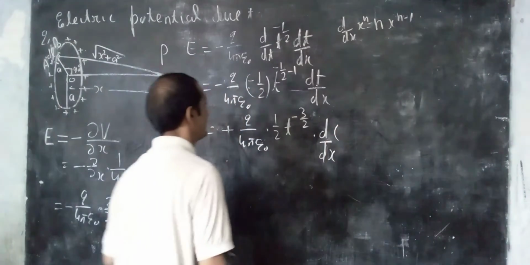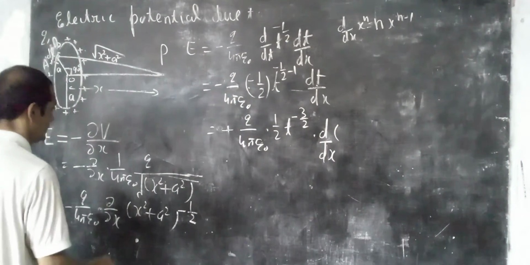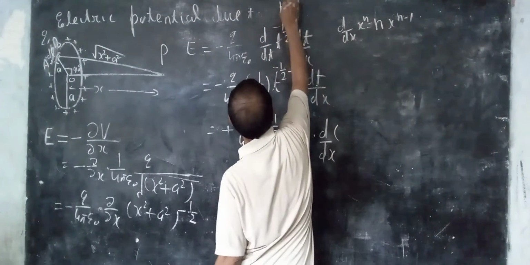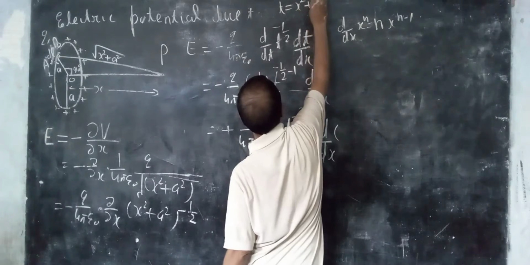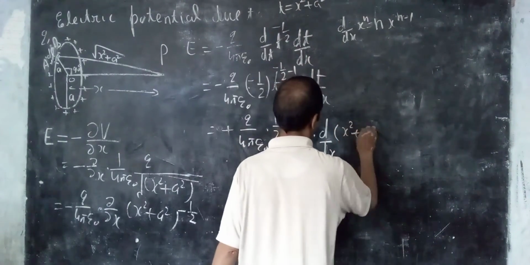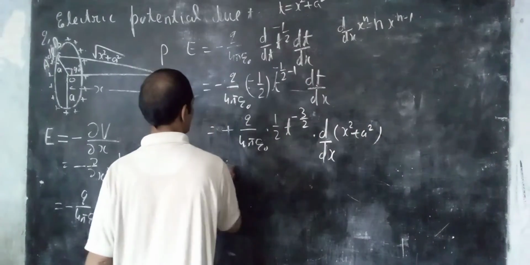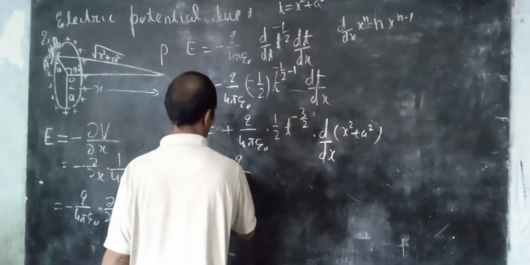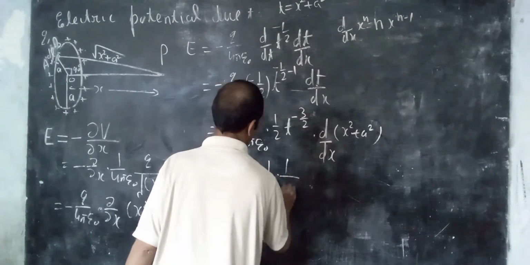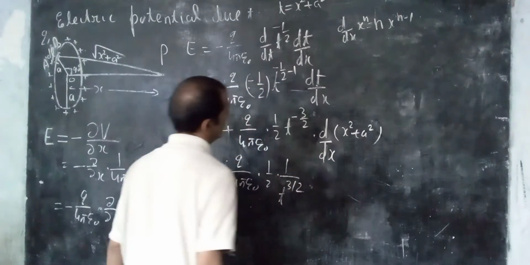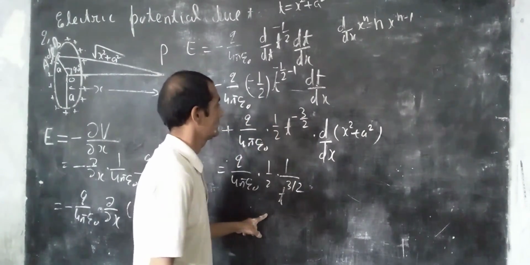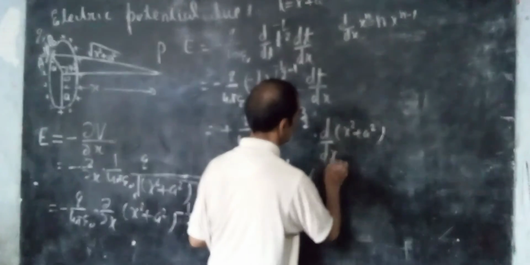Now the value of t: we have taken t equal to x squared plus a squared, so write here x squared plus a squared. When we take this negative power in the denominator, then it becomes positive.